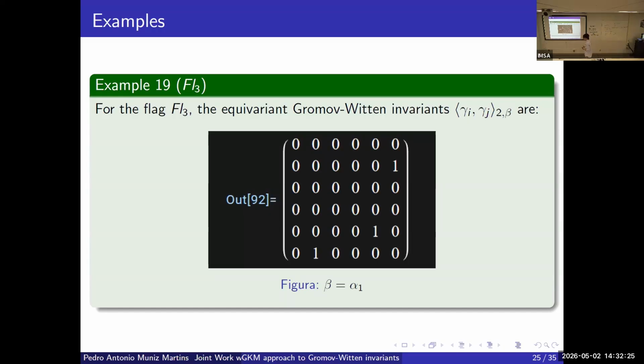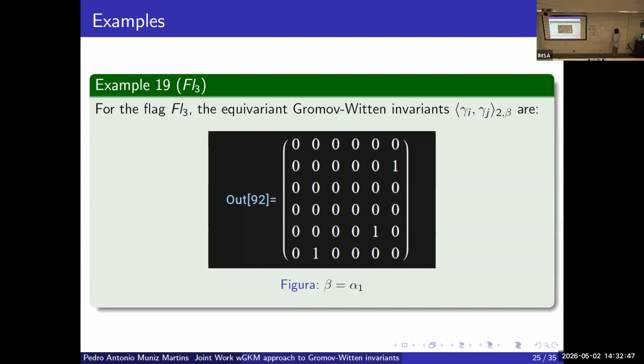Gamma, this picture. Okay. Let me. The homology of this flag is H0 plus H2, H4 and H6. Correct me if I'm wrong, Giovanni, please.